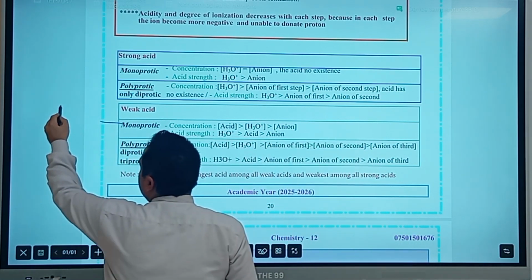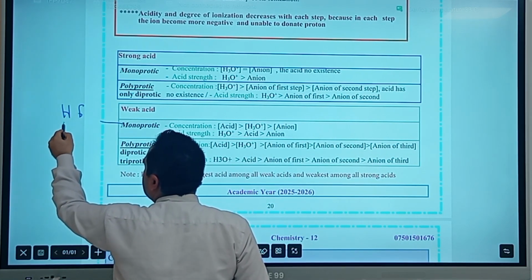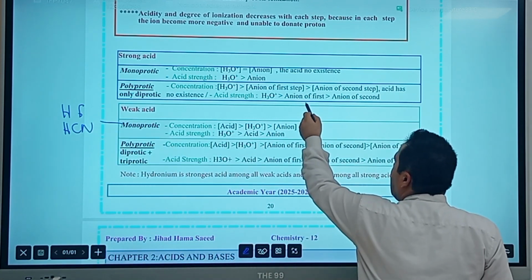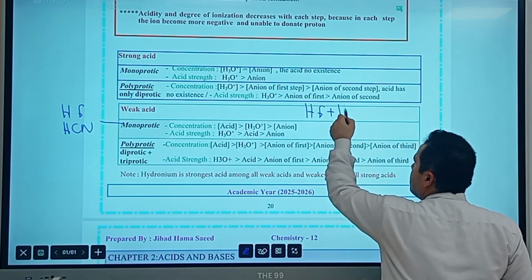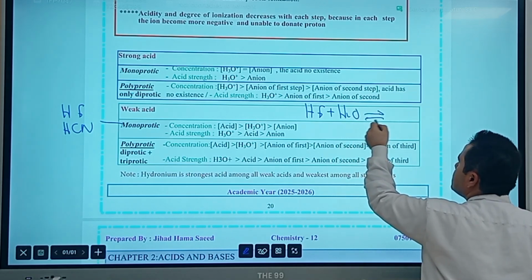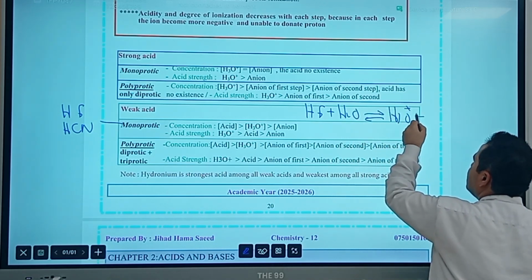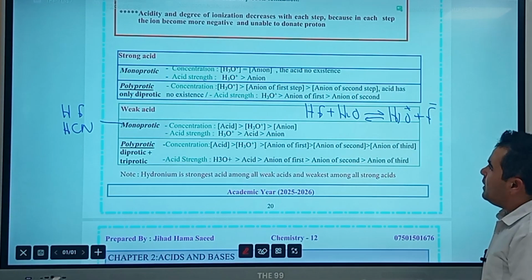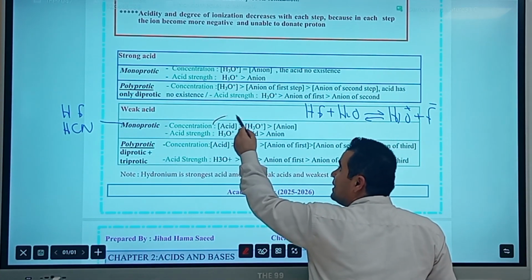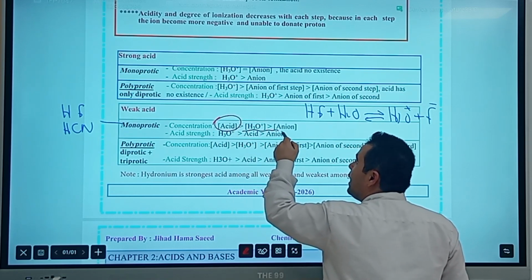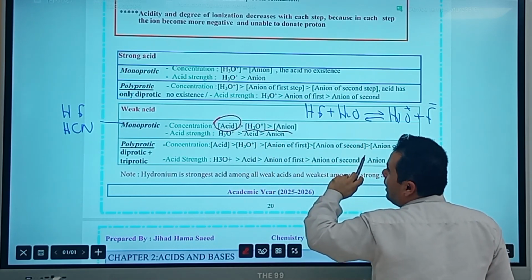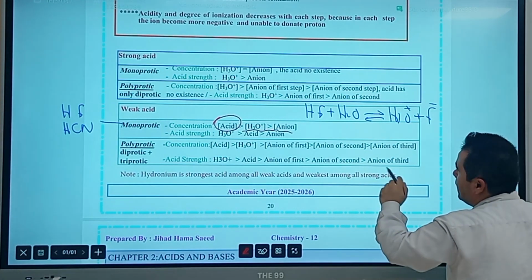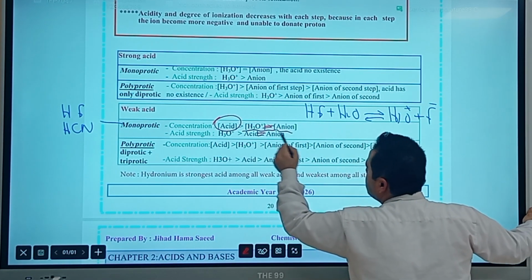Monoprotics, for example HF, HCl, and so on. Guys, HF plus H2O will produce hydronium and F negative. In terms of concentration, the concentration of the acid is higher than the hydronium, and the hydronium equals the anion.